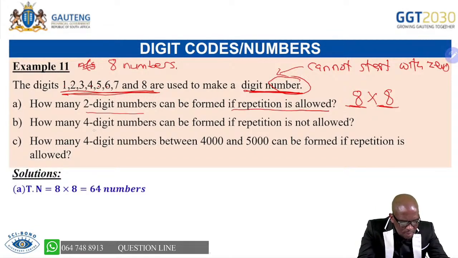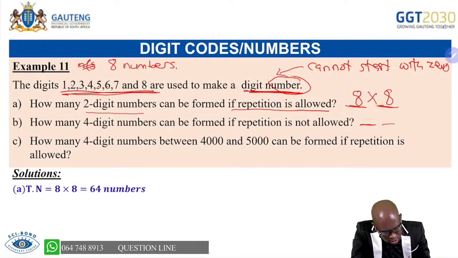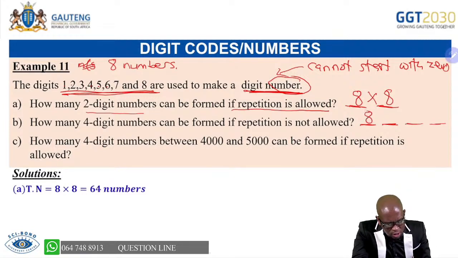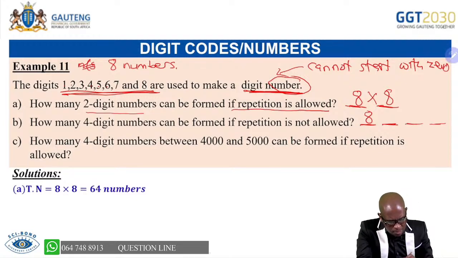Now let's look at the second one. How many 4-digit numbers can be formed if repetition is not allowed? 4-digit, 1, 2, 3, 4. And repetition is not allowed. For the first position, we have 8 options because any of the 8 numbers can occupy the first position. Now, second position, let's check.